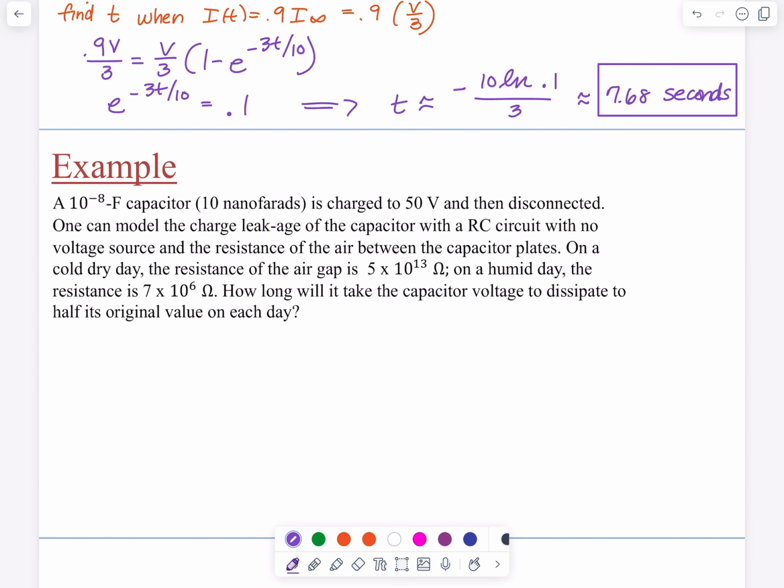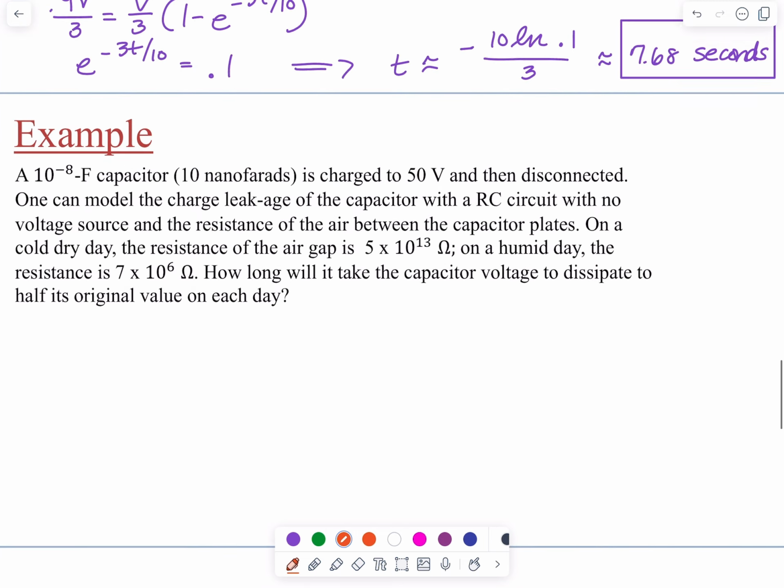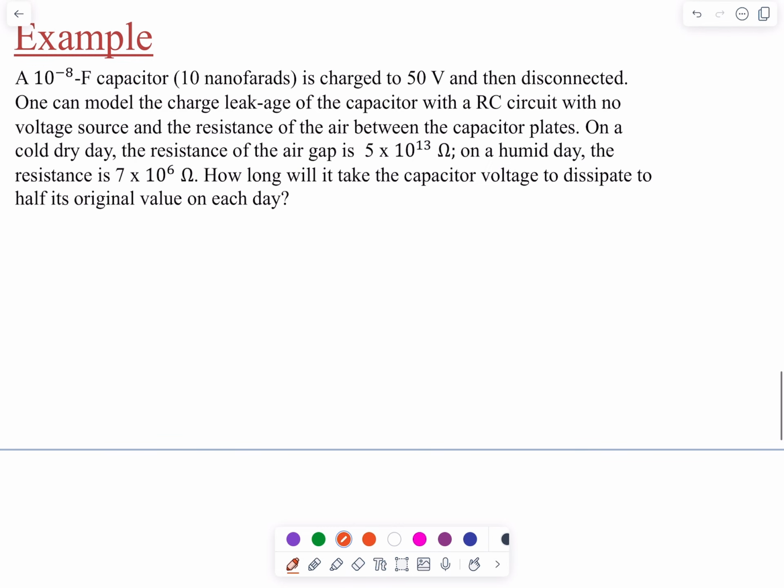A 10 to the negative 8th farad capacitor, and of course that's going to be 10 nanofarads, is charged to 50 volts and then disconnected. One can model the charge leakage of the capacitor with an RC circuit with no voltage source. So we have no voltage source and the resistance of the air between the capacitor plates.